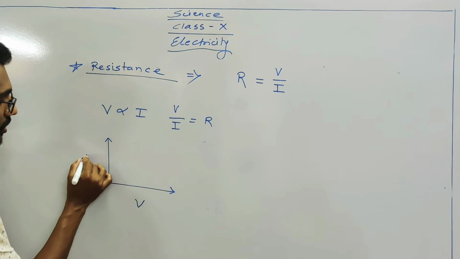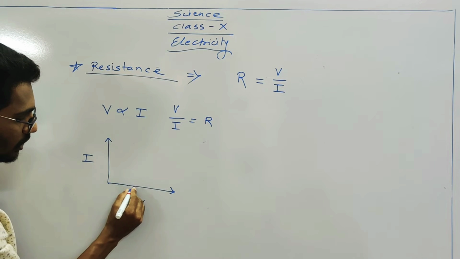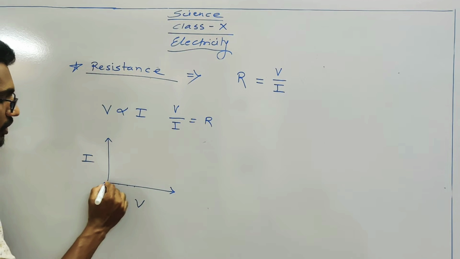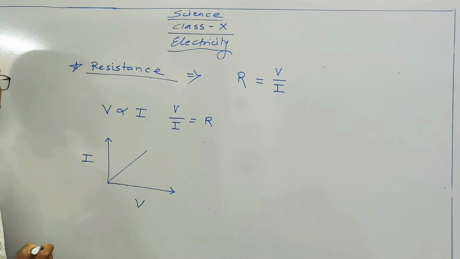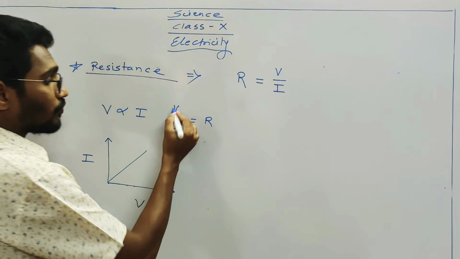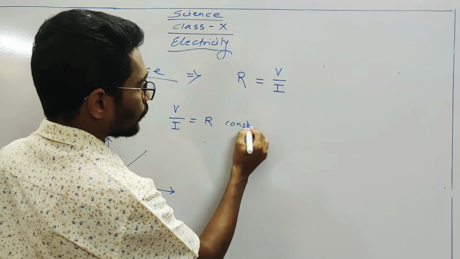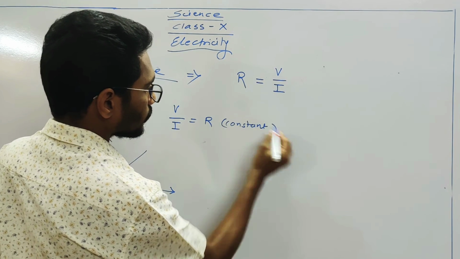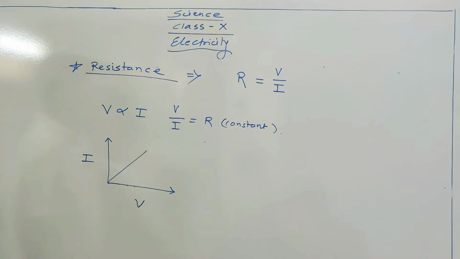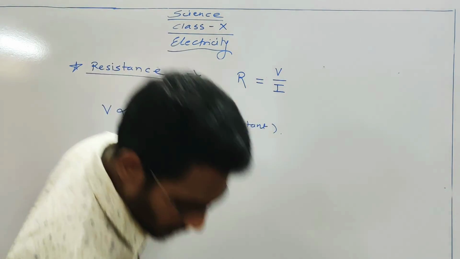If you provide V here, I here, okay, so voltage goes on increasing, amount of current will also increase, and you will always get the straight line that indicates V is directly proportional to I. Okay, so V by I is equals to R, which is the constant value for the conductor. Is it clear to all? So R is equals to V by I.